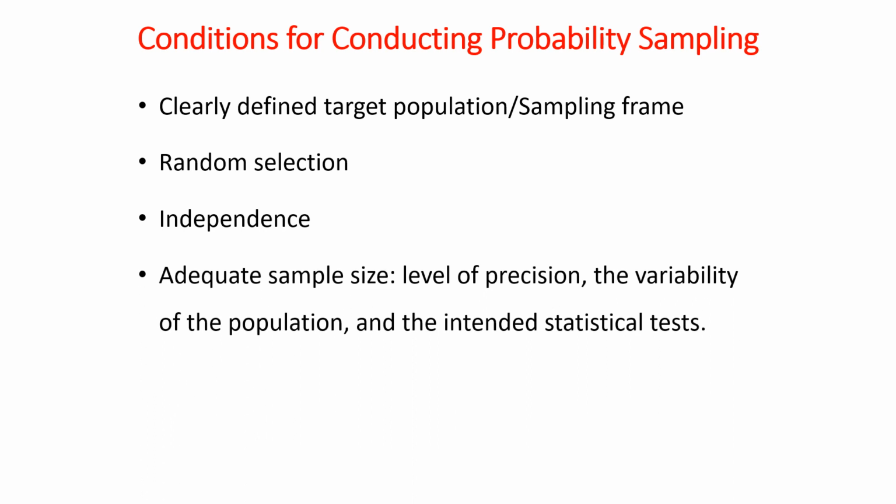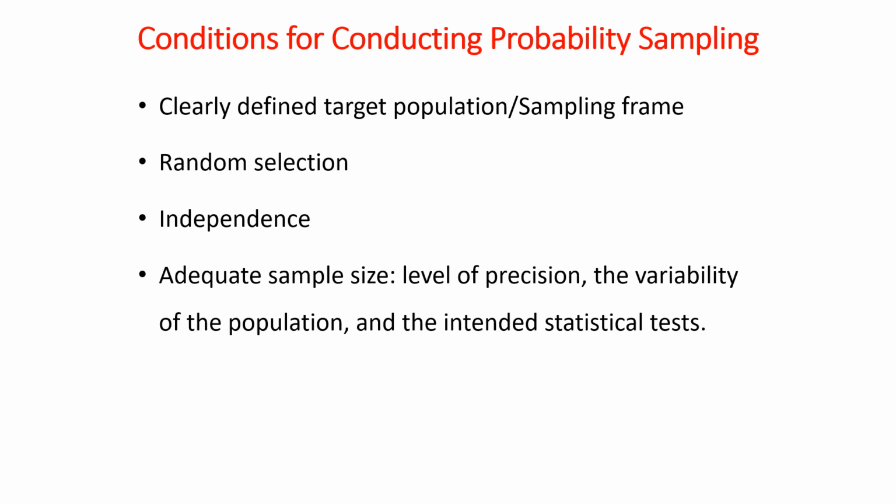And the other is adequate sample size. We have to get an adequate sample size for representing the target population. The sample size is determined by the level of precision. If we require a higher level of precision, a higher level of correctness, the sample size will be higher.